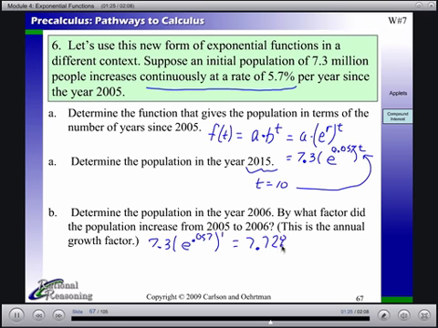If we started with 7.3 million and 1 year later we had 7.728 million, how can we get the 1 year growth factor? How would we get the 1 year growth factor? Divide. The multiplier will be the ratio, 7.728 over 7.3. What do you get?